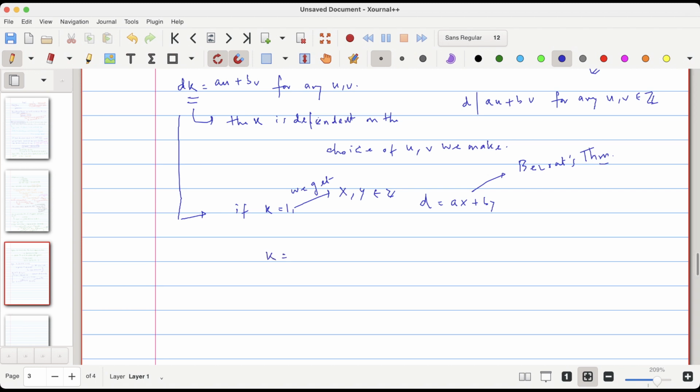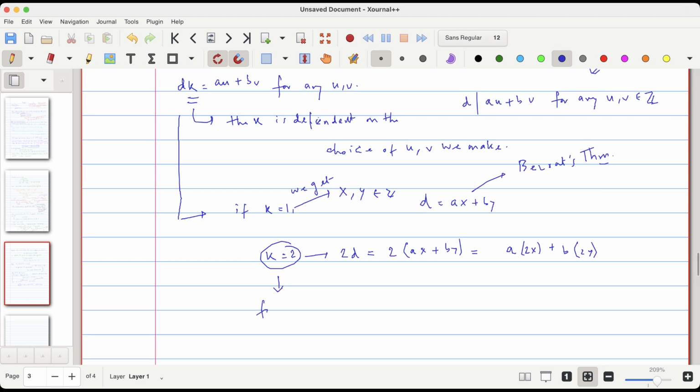So whatever value of k I choose, I will have some different thing. Understood? So if it is 2D, then I can write it as 2 into ax plus by. It will become a into 2x plus b into 2y.